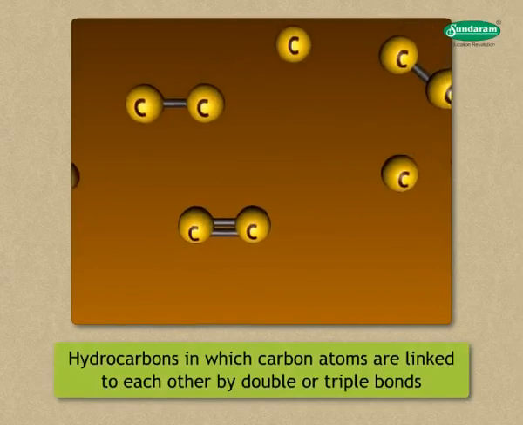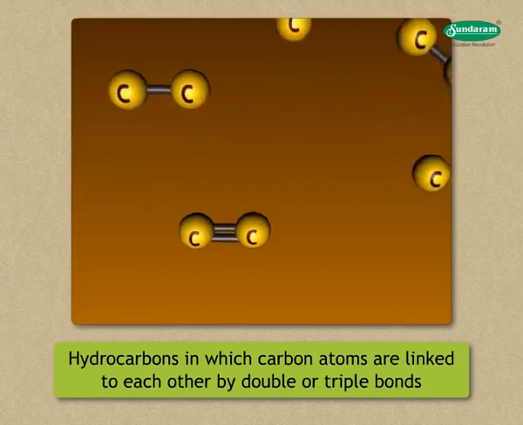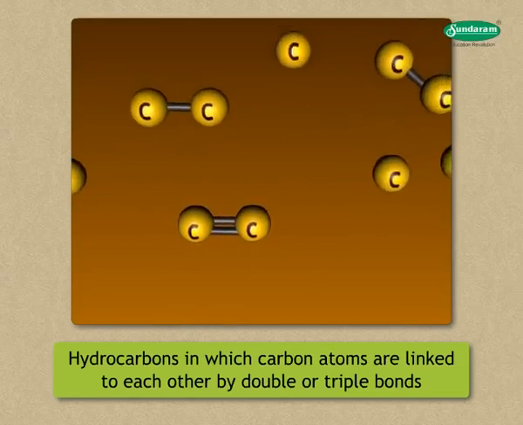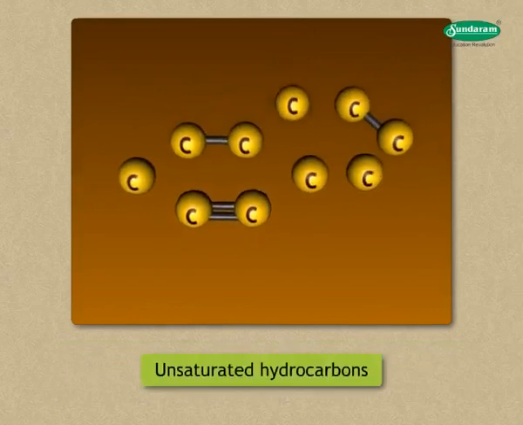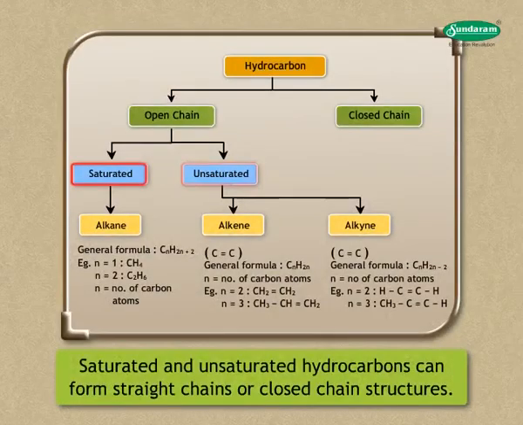Hydrocarbons in which carbon atoms are linked to each other by double or triple bonds are known as unsaturated hydrocarbons. Saturated and unsaturated hydrocarbons can form straight chains or closed chain structures.